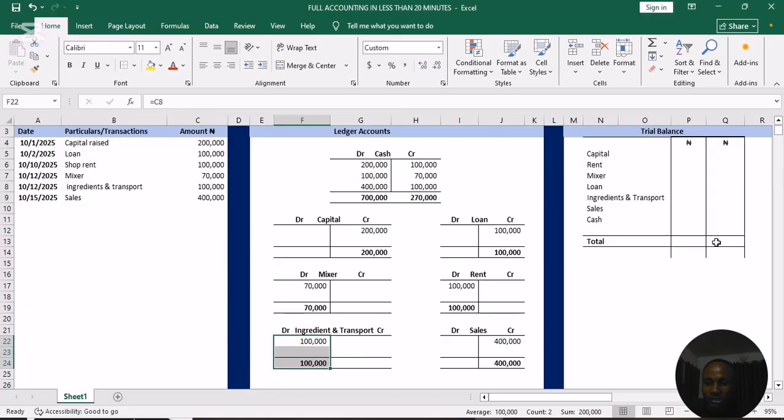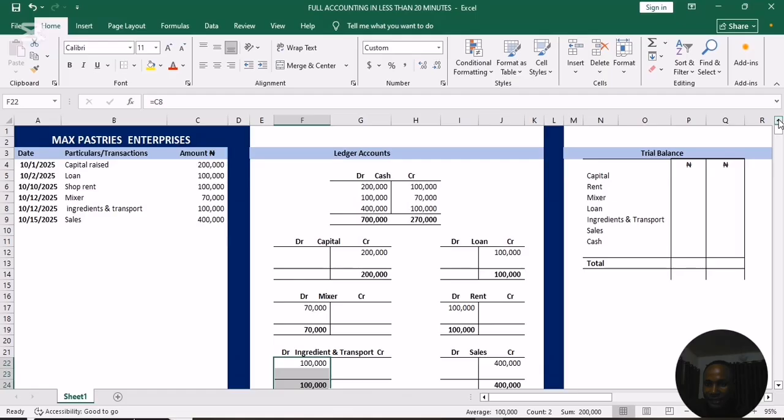So we're going to switch to the trial balance. Primarily, the essence of putting out our trial balance is to ascertain that all the entries made in the ledger accounts are accurate and correct, because the principle of double entry entails that the credit side must equal the debit side.